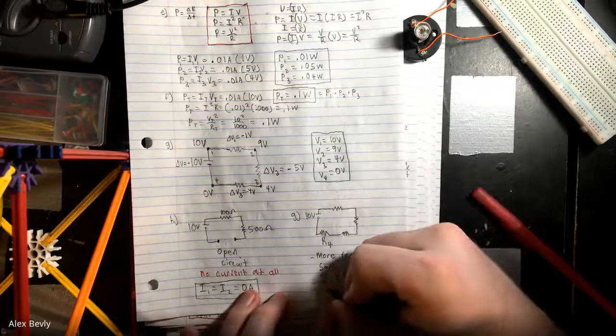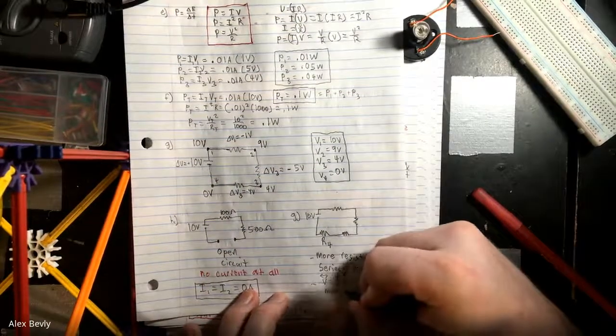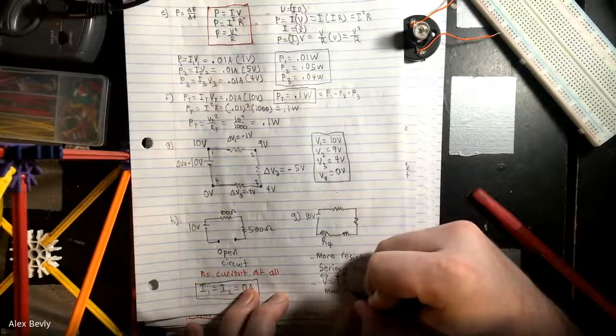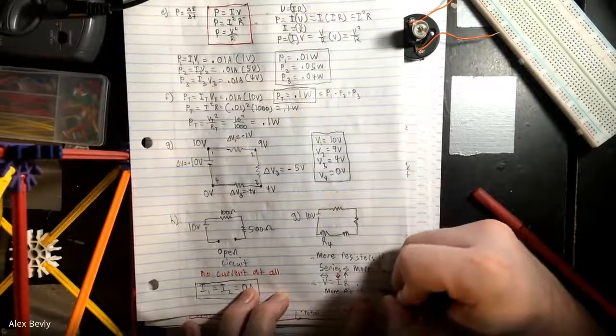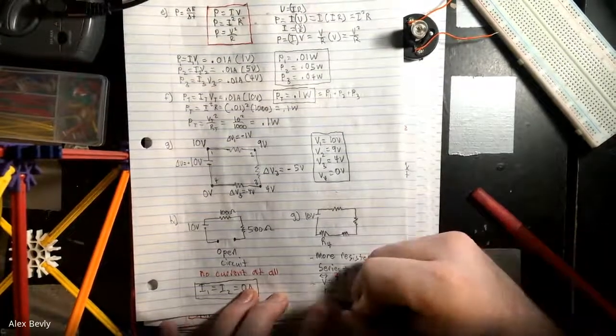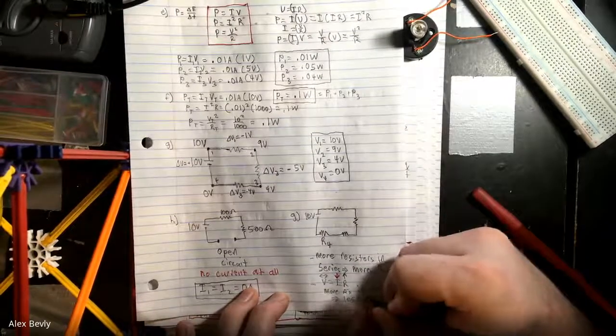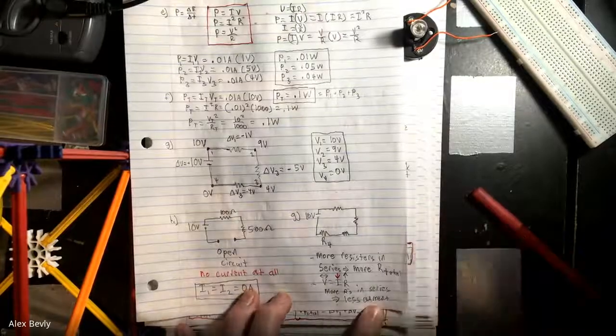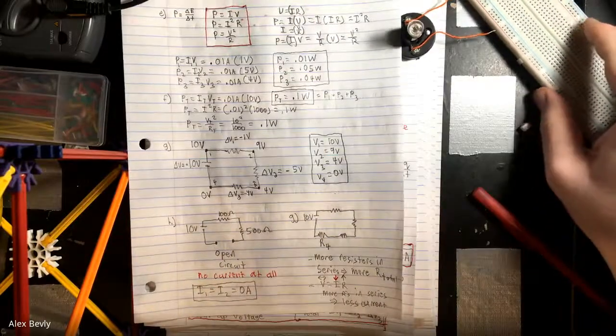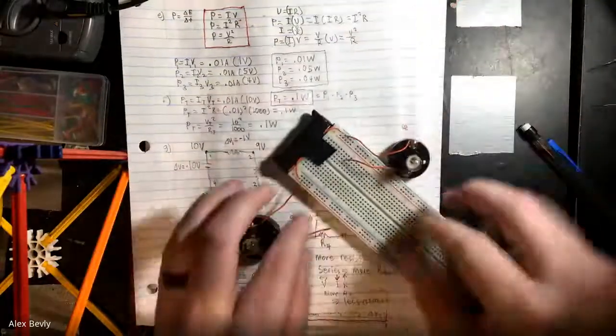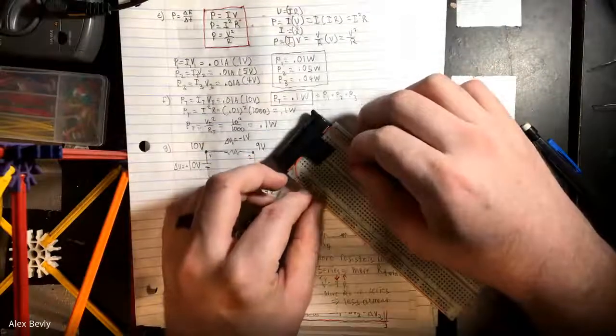So more resistors in series means less current. Walmart on Black Friday, that would be a really high current.